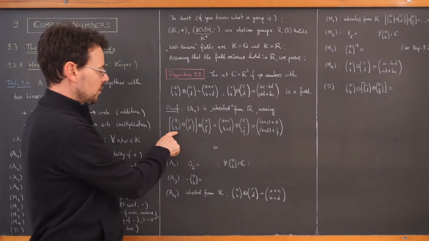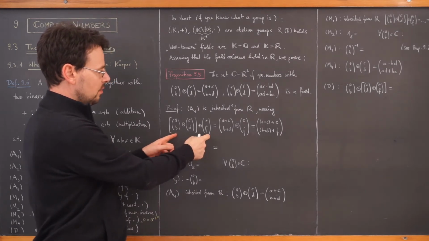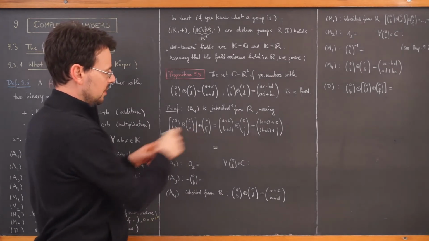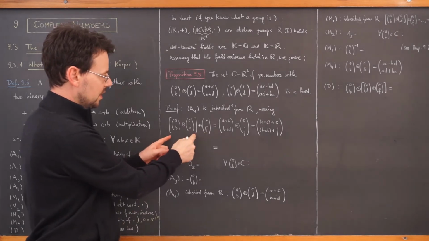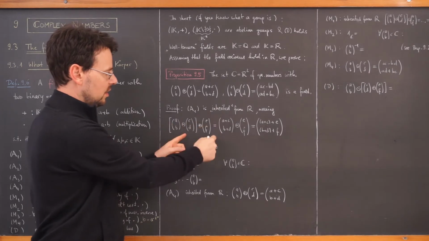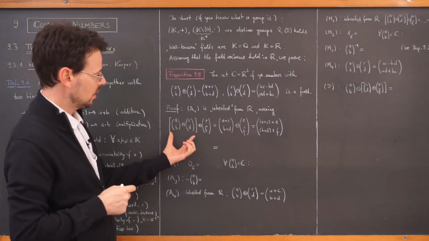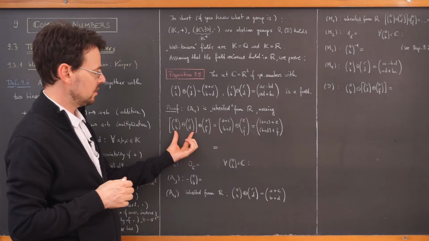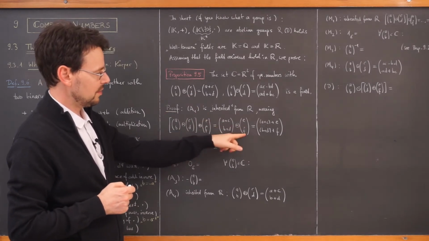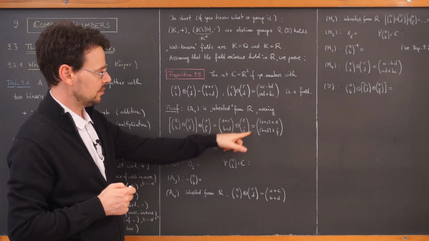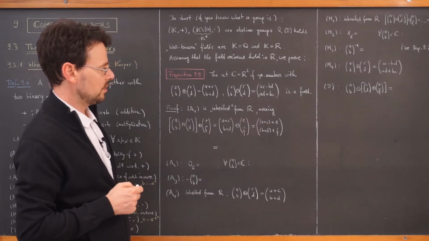So we have to show that for three arbitrary complex numbers, denoted by these three vectors, this sum is the same as when I move the brackets here. So step by step, we first add these two complex numbers. So we get this, and then we have to add this complex number, and we end up with that.